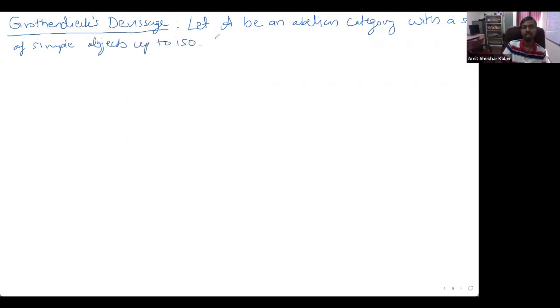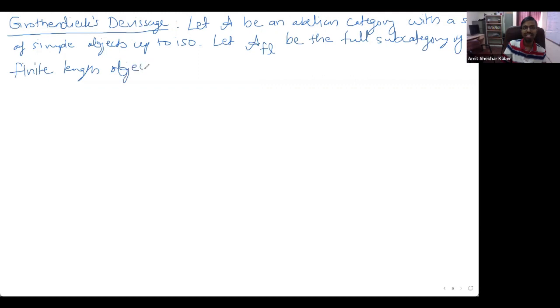Let A be an abelian category with a set of simple objects up to isomorphism, and let A_FL be the full subcategory of finite length objects.